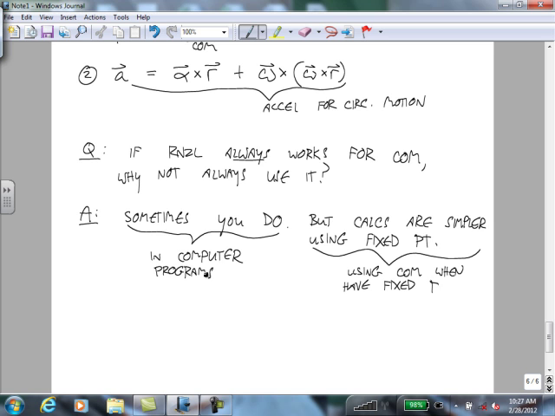So what makes it simpler when you know a fixed axis? Using the center of mass, when you have a fixed axis or a fixed point, requires finding another geometric constraint.